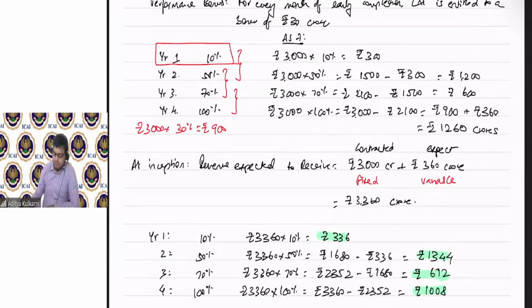What do you think? Is it accrual or is it cash basis? By recognizing the bonus in year 4 on actual completion, does it indicate an accrual system or a cash system of accounting?